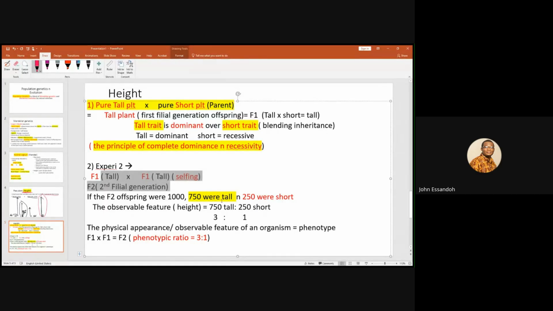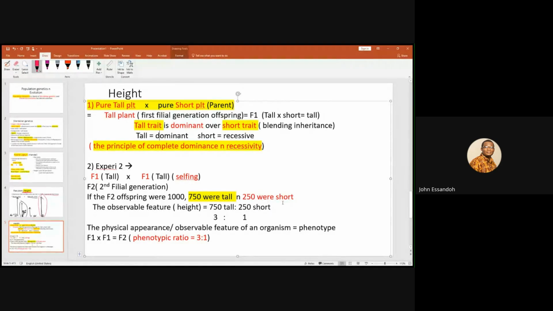Hey, then what is happening? It means that the short we were thinking had disappeared, had been swallowed, had been masked by the tall trait. All of a sudden, when we did this, the short has reappeared.